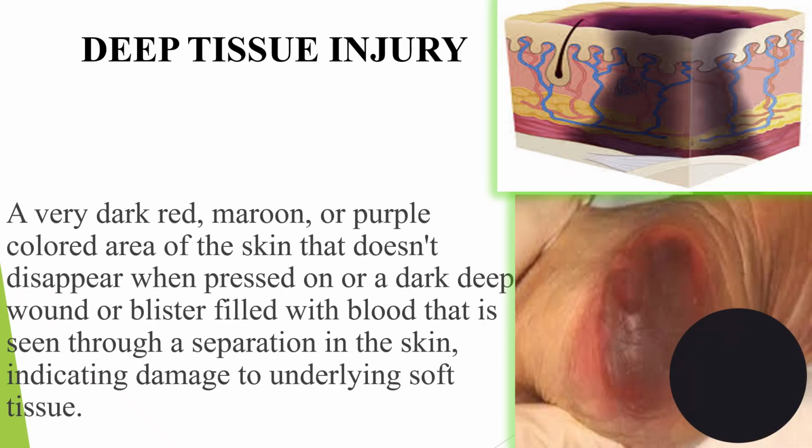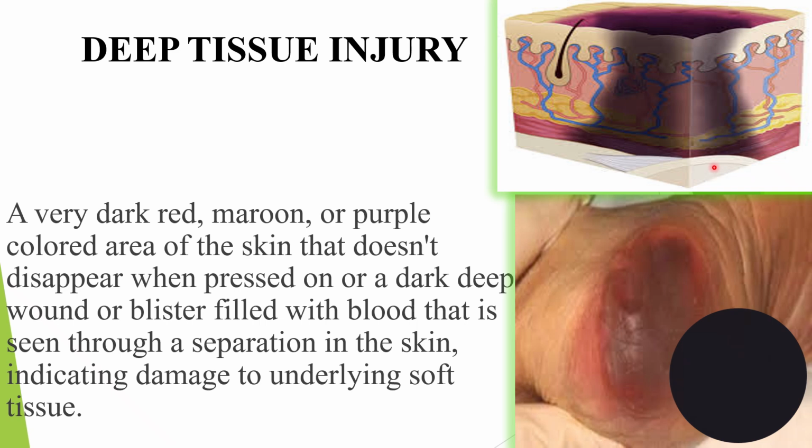The next is a deep tissue pressure injury. It is a very dark red, maroon or purple colored area of skin that does not disappear when pressed, a deep wound, or a blister filled with blood that is seen through a separation in the skin, indicating damage to underlying soft tissue. You can see here it is a dark red or maroon or purple colored area.